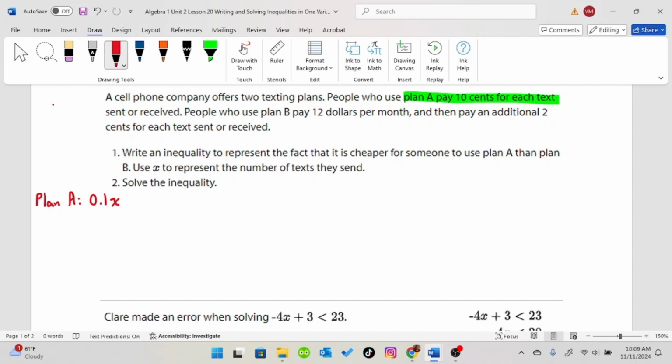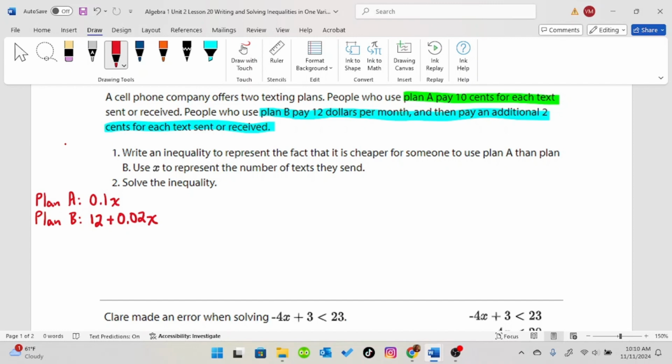So 0.1 times X. Plan B pay $12 per month and then pay an additional 2 cents for each text sent or received. So if we were to write this, plan B would be the $12 per month plus 0.02 to represent 2 cents times the number of texts.